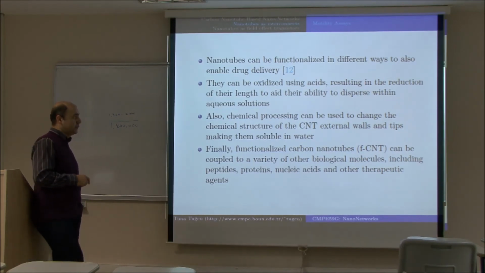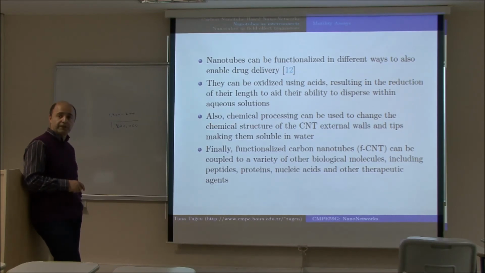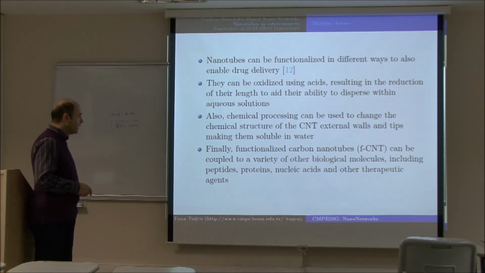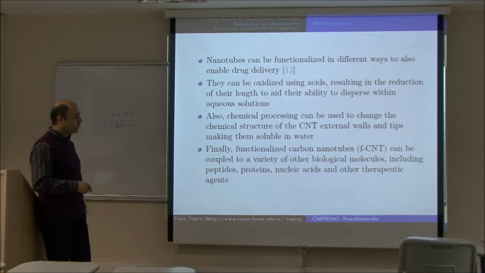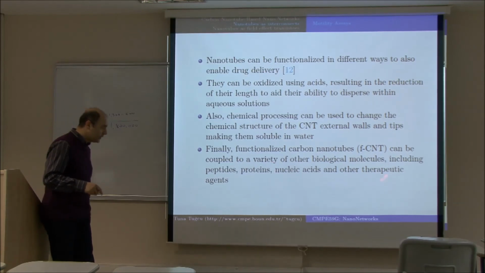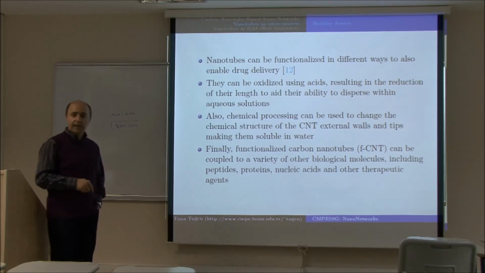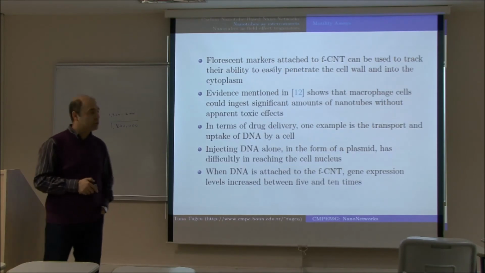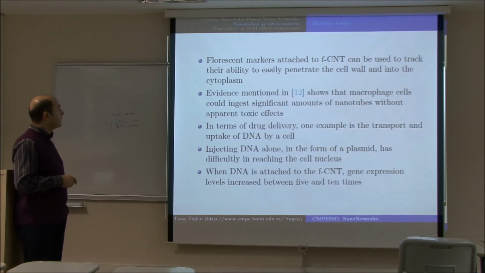Also, the chemical processing can be used to change the chemical structure of the carbon nanotube external walls and tips, making them soluble in water. Thus, you get functionalized carbon nanotubes, CNTs, that can be coupled to a variety of other biological molecules, including peptides, proteins, nucleic acids, and other therapeutic agents that you want to send to the cells.